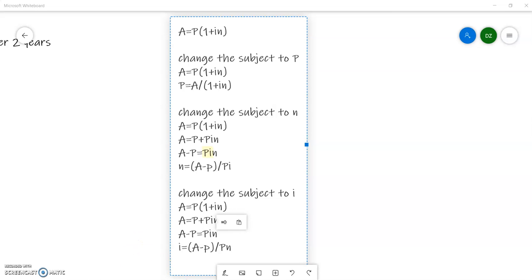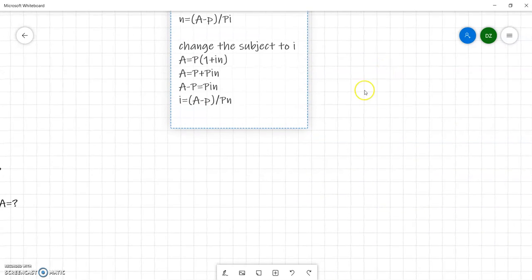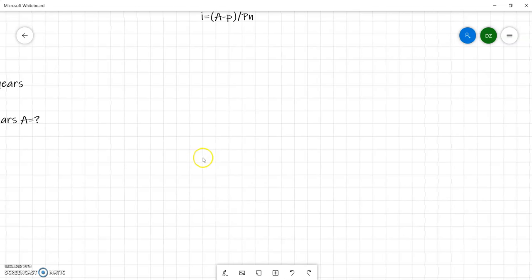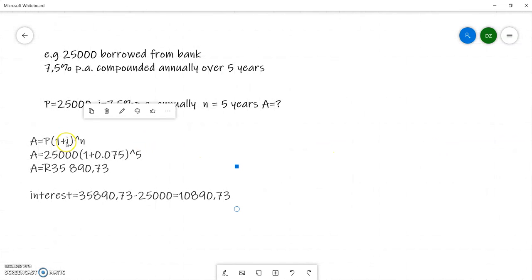So let's see what it is we can do with the compound interest formula. Okay, let's start by copying the compound interest formula.